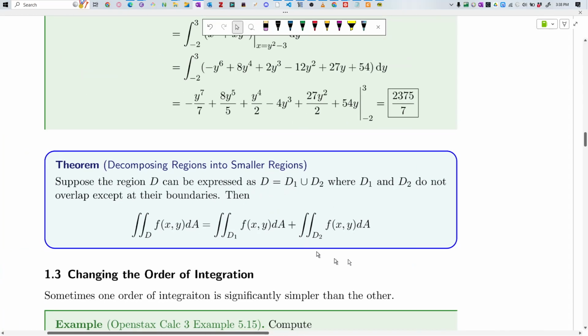So that's what this theorem is signifying, right? You can split your region D into smaller regions, D1 and D2, and perhaps they are easier to express the integral in terms of. You would then do these integrals separately and then add them together to get the final result. So that is one thing that you can do with these types of problems.